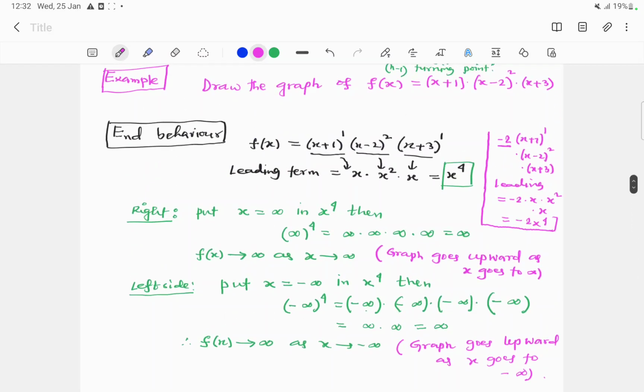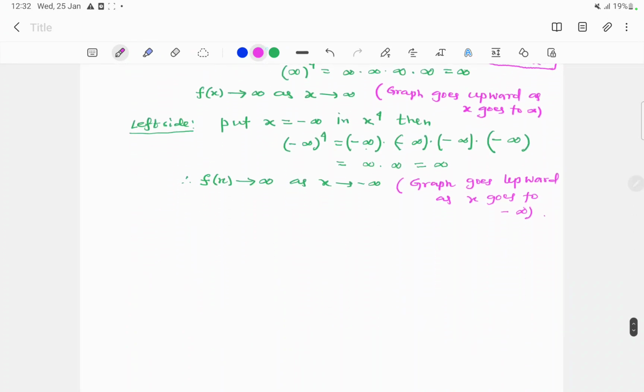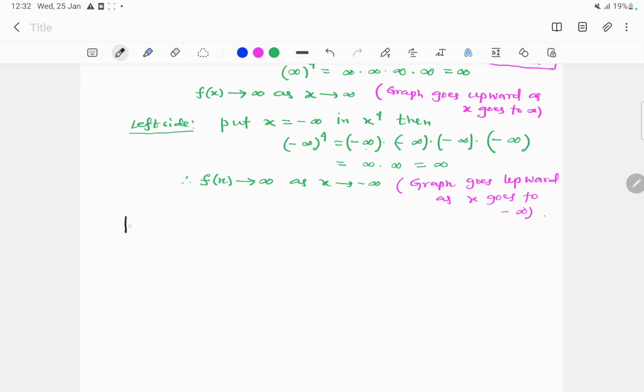Now the next thing we have to do is find the intercepts, or the zeros. So let's calculate the zeros. Here we take the x-intercept, which is sometimes called the zero of the polynomial.